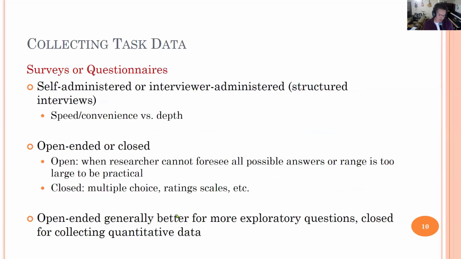Okay. Sometimes you don't have a chance to interact with people, in person or over the phone or Zoom or whatever, and you just have to send them something: hey, answer these questions please on your own time when you're able. So we've all done surveys and questionnaires for various reasons. I have done them as a researcher.